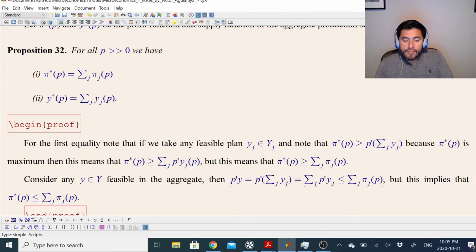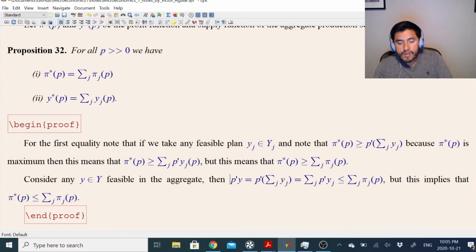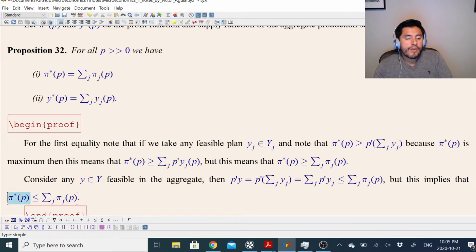And I know by profit maximization that this summation of inner products is less than or equal to the summation of individual profit functions. So that implies that the aggregate profit is less than or equal to the summation of profits. So together, 1 and 2 give you the first item.